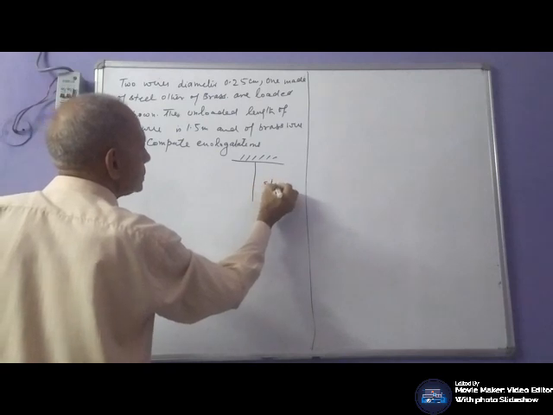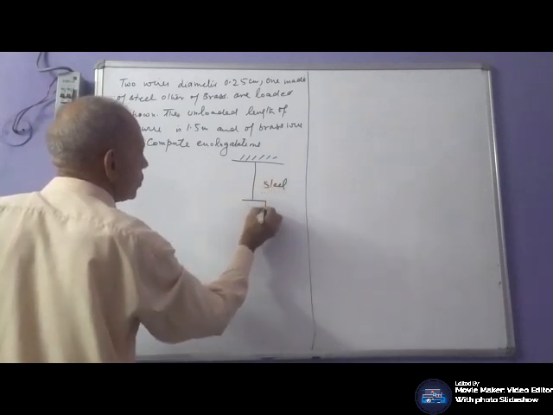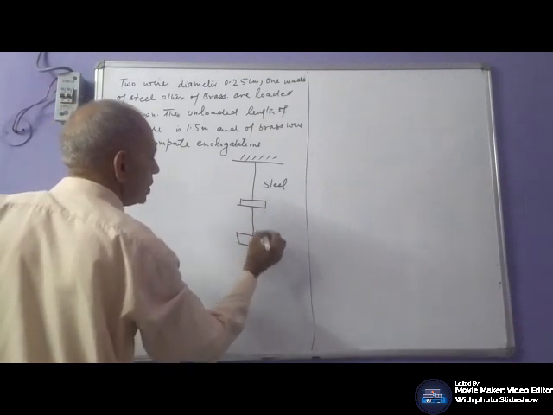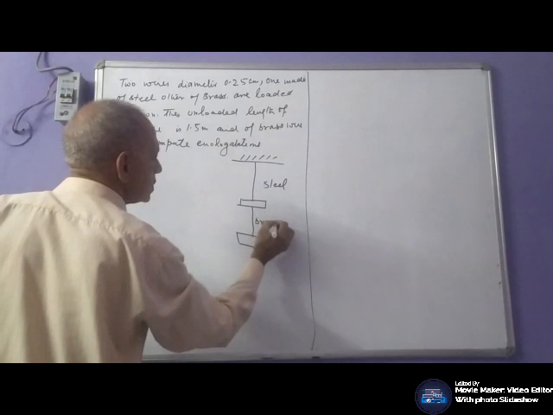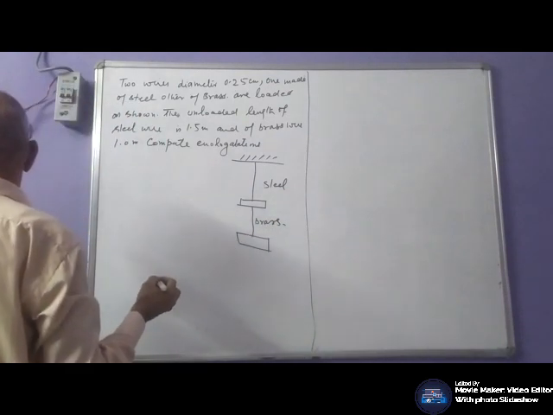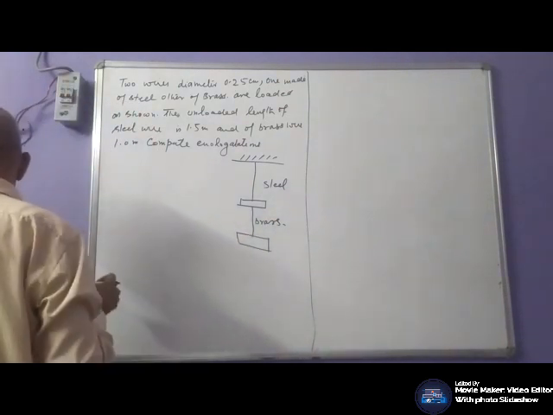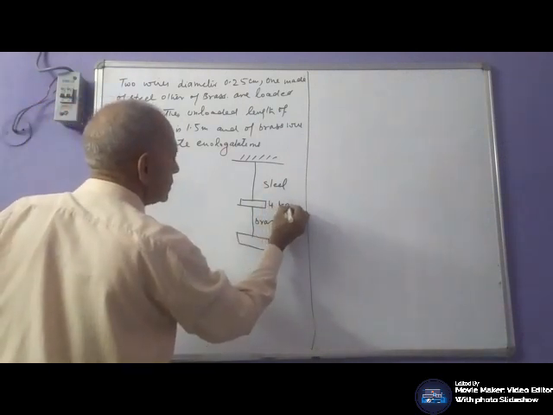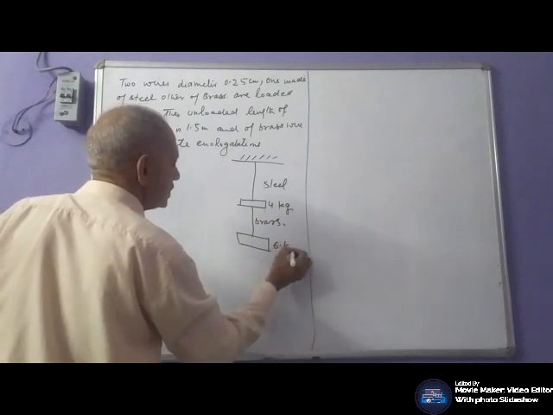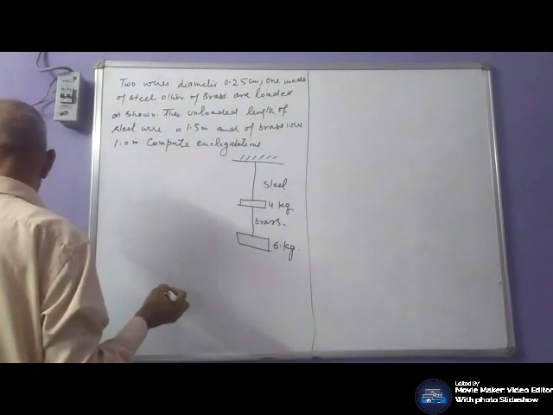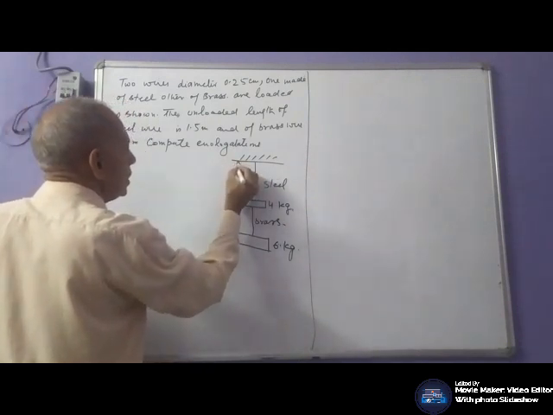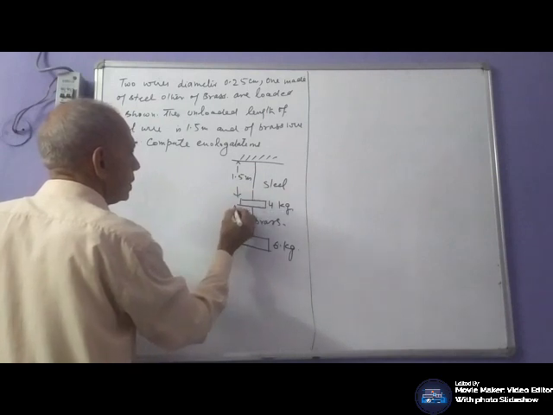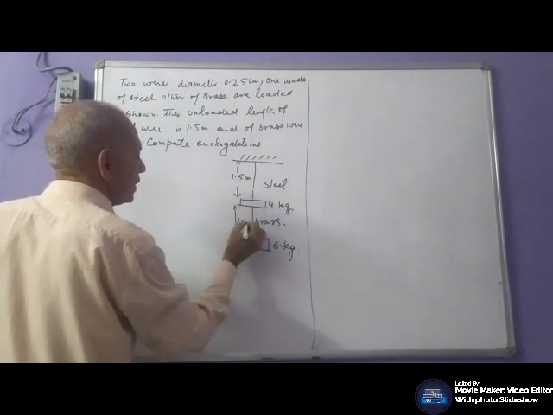This is steel, they are loaded as shown, this is brass. It is 4 kg, it is 6 kg. It is 1.5 meter, it is 1 meter.